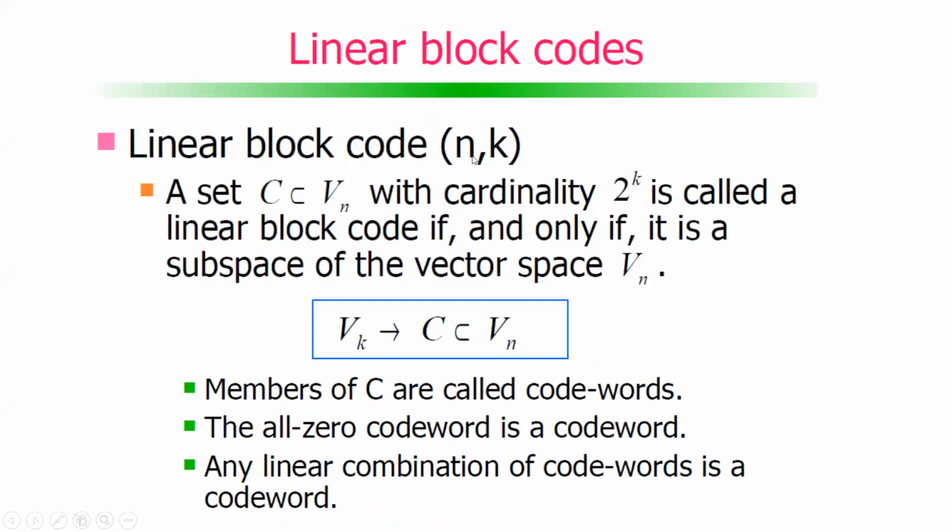A linear block code is represented with (n, k). n is the number of bits in the code word, and k is the number of message bits. k by n is defined as the code rate, and 2 raised to the power n will be the elements of the complete vector space, right? 2 raised to the power k are the combinations for the message bits. If there are 2 bits, there can be 2 to the power 2, so 4 combinations in which the input bits can come.